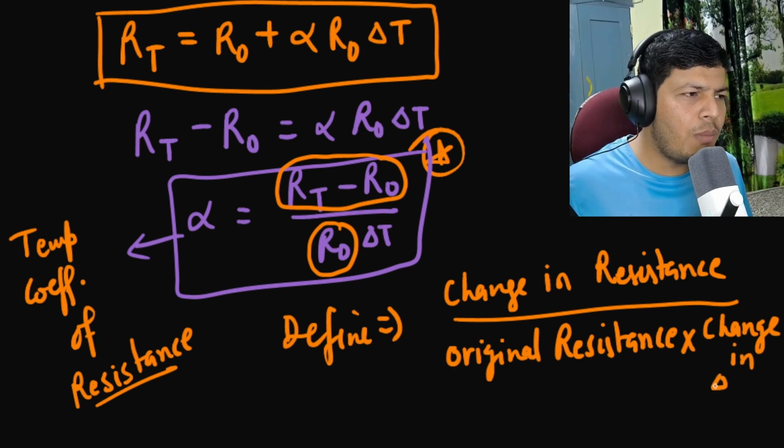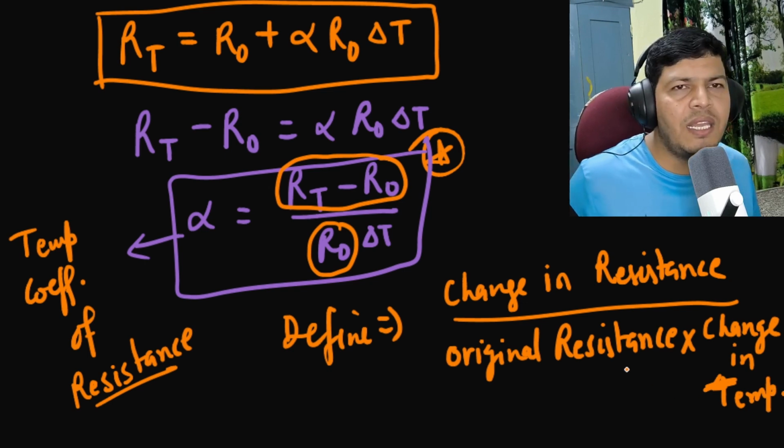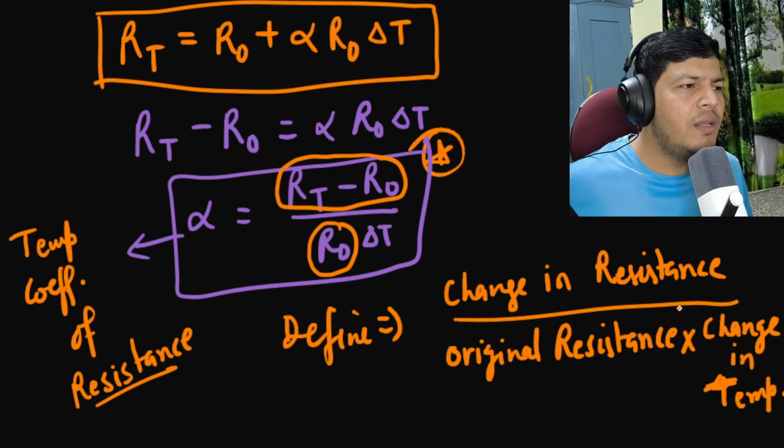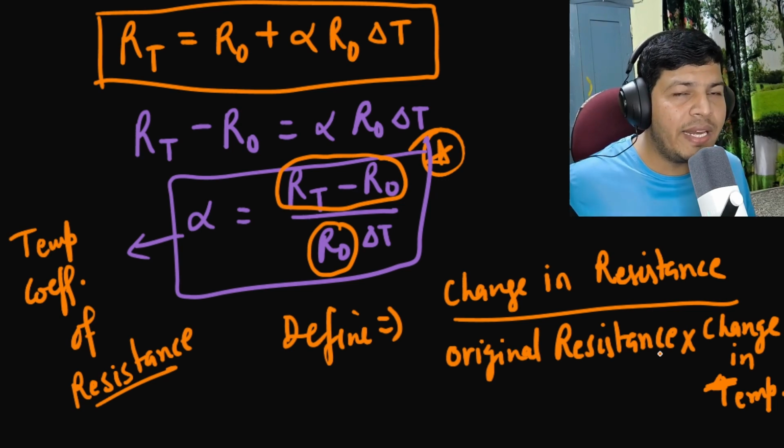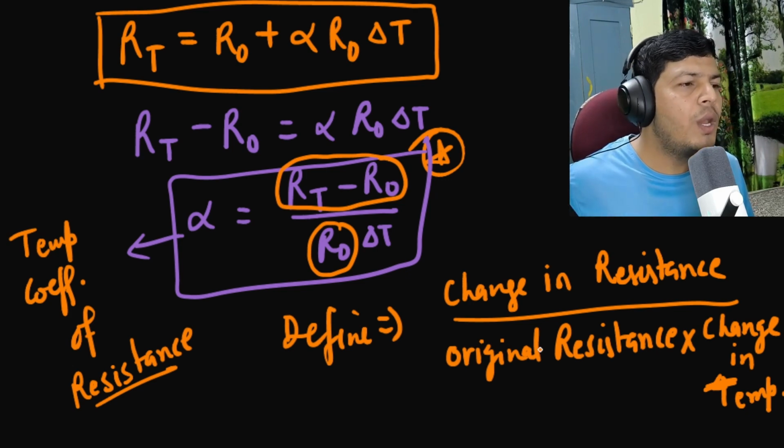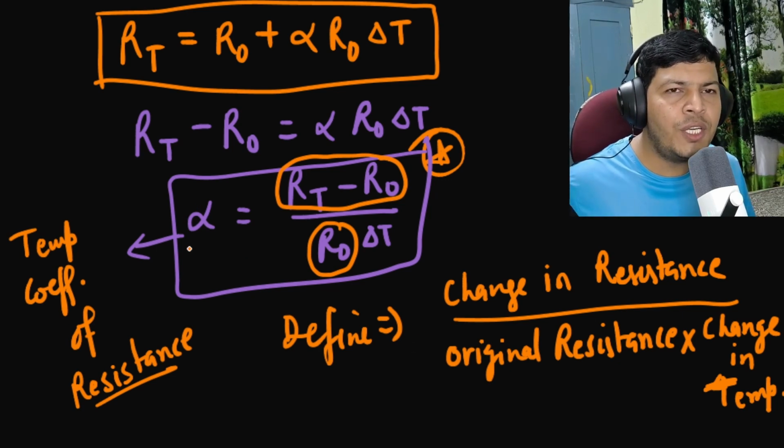This you need to remember: you need to write down change in temperature. Don't write increase or decrease. Many a time students write rise in temperature, but rise in temperature is not the only correct thing. There can be a decrease as well. That is why you should write change in temperature. Now let's define it. What is temperature coefficient of resistance?